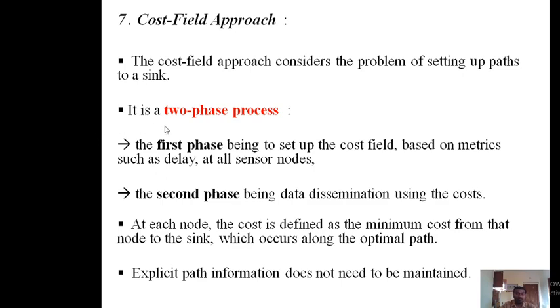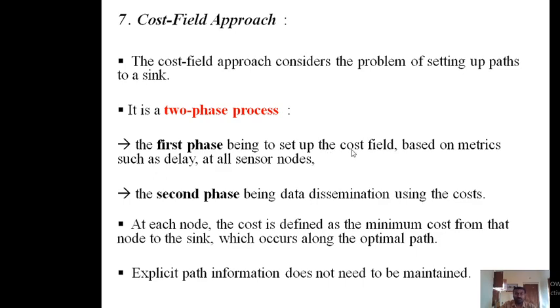In this approach, we have a two-phase process. The first phase is setting up the cost field based on metrics such as delays, where all sensor nodes use the same type of format. After the cost field is set up, the second phase is data dissemination using the cost field set up in the first phase.